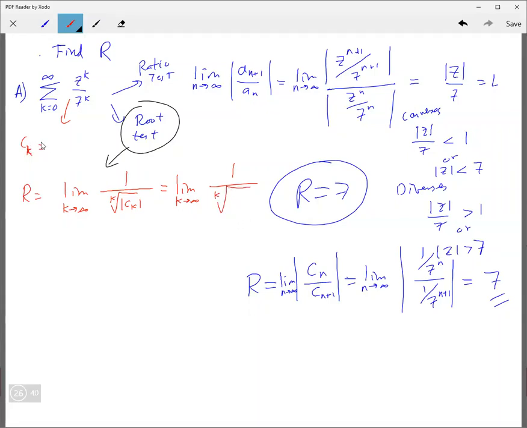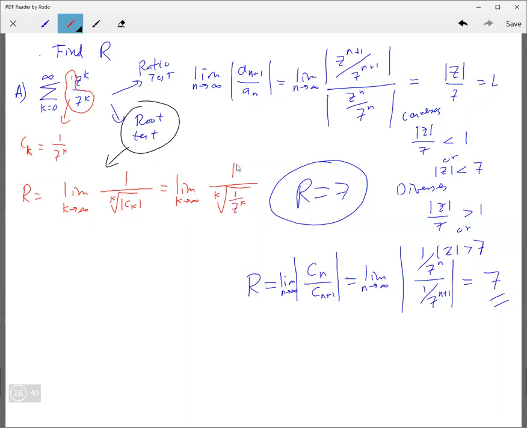What's your c k? Anybody? Okay, so c k is going to be the part that's ignoring the z part, right? So that's basically a 1 there. So it's 1 over 7 to the k.